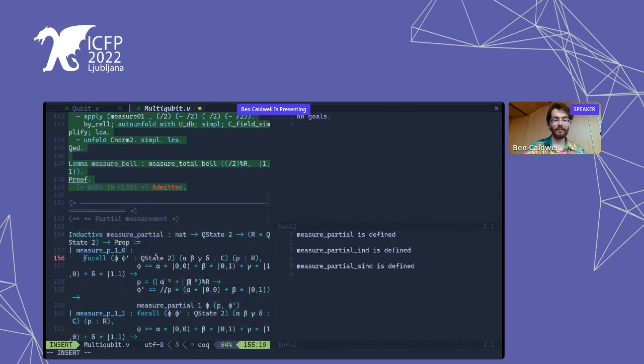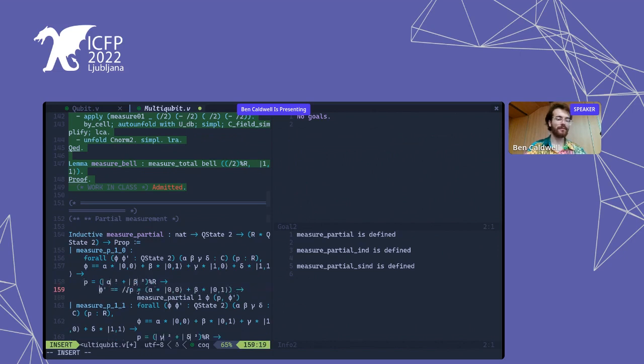So how we encode the measurement of the first qubit to 0 is we say, okay, we have the quantum state. It has a decomposition. This decomposition has some probability of the first qubit measuring to be 0. And when it measures to be 0, then the quantum state ends up with an alpha chance that it will eventually measure to 0, 0, or a beta chance that it will measure to 0, 1.